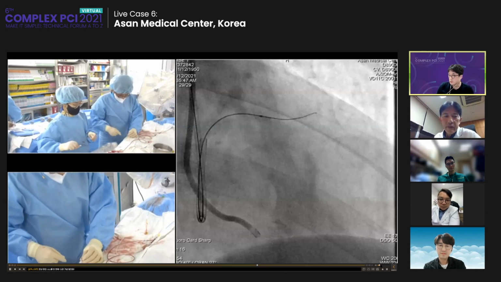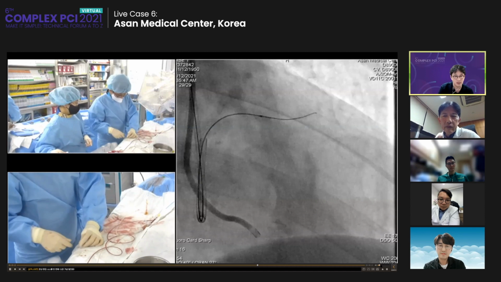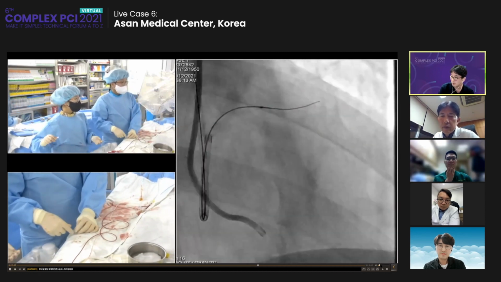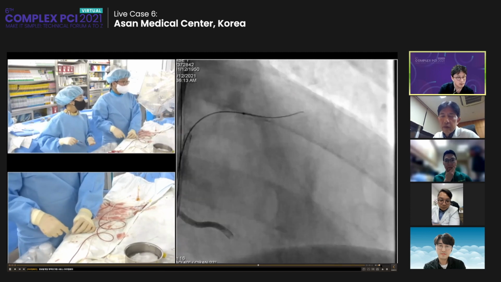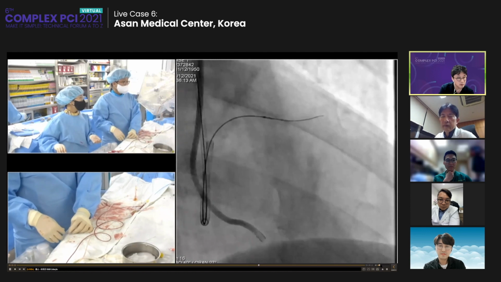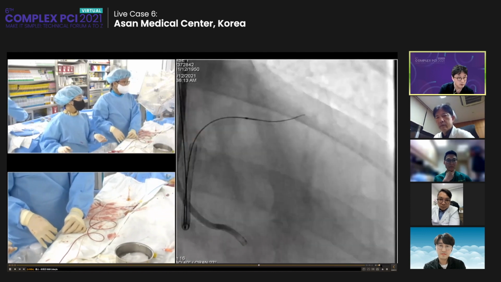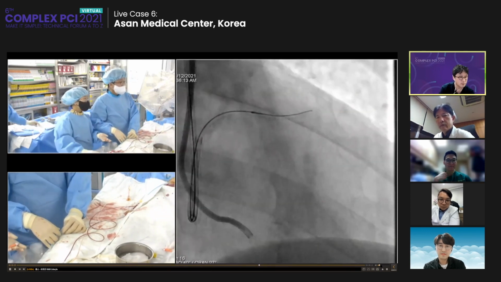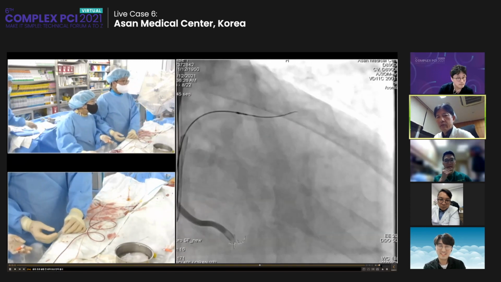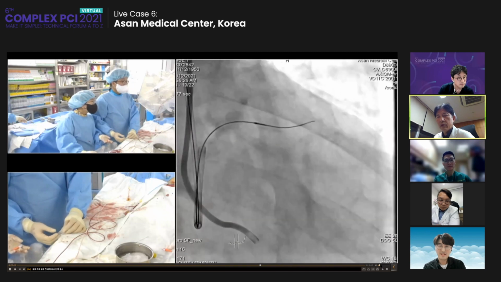So I chose the parallel wire technique at this time point, but what kind of wire would you like to select in this kind of case? I actually selected the Gaia Third, but would you prefer another wire? Yes, Gaia Third, or I prefer to use a Conquest Pro.